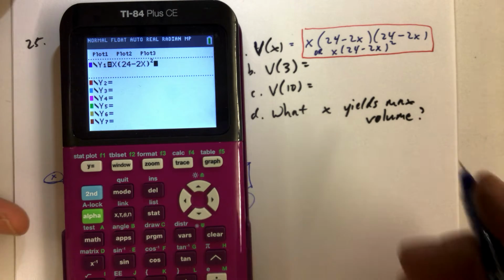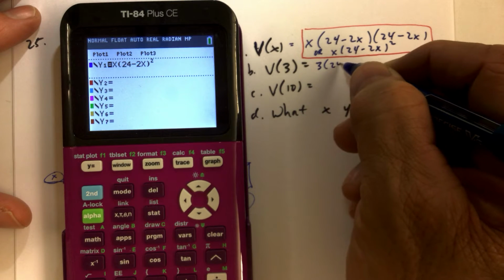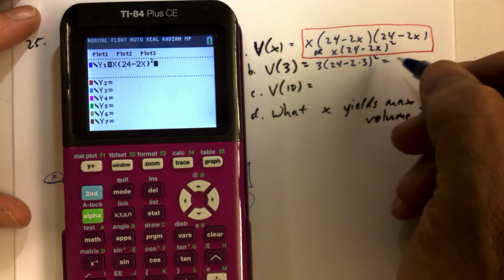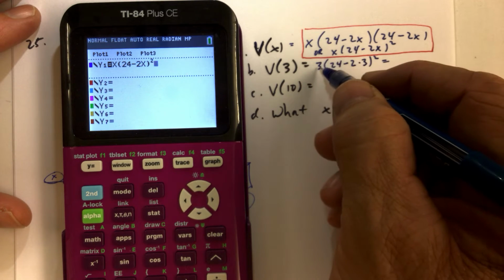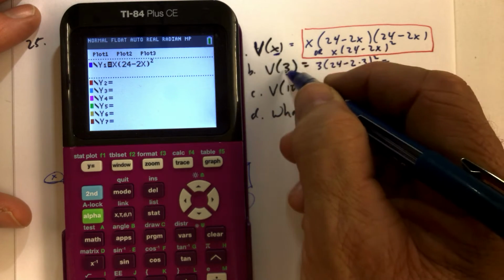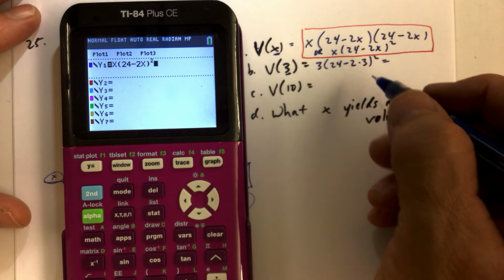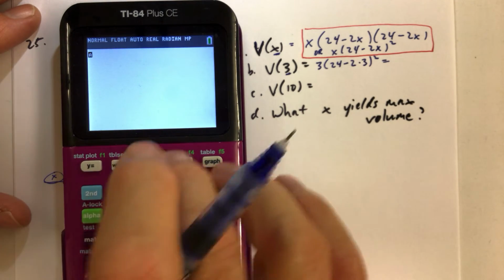Now v of 3 would be 3 times, and you can use Desmos for this. This is in essence what Desmos is doing. It's replacing x with 3, right? So if x is 3, then you put a 3 in place of the x. And we can do that by evaluating in Desmos.